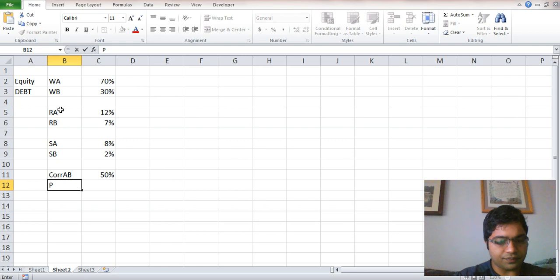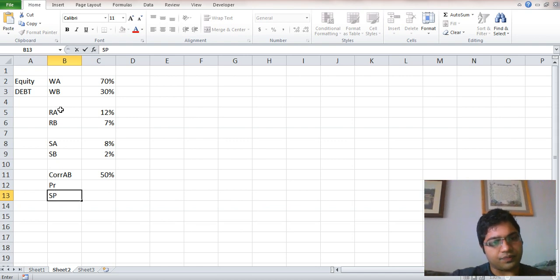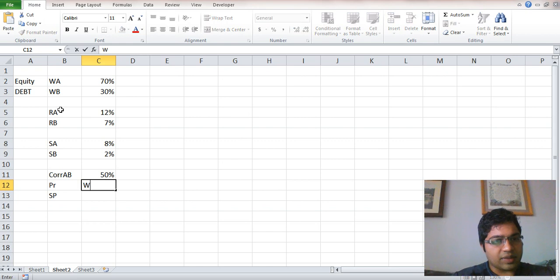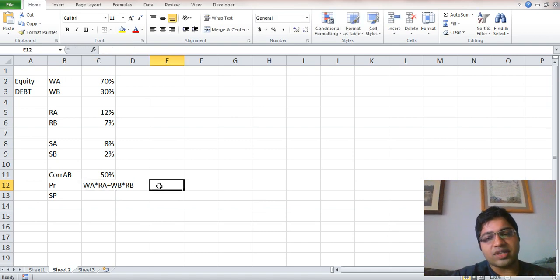Now in exam they would ask you to calculate portfolio return and portfolio risk, the standard deviation of the portfolio. We have seen formulas for that. Once again, I am reiterating that fact. Portfolio return will be weight of asset A multiplied by return of asset A plus weight of asset B multiplied by return of asset B. Nowhere am I using risk.